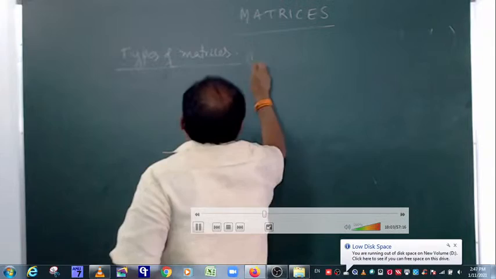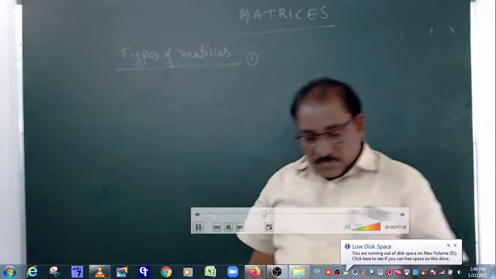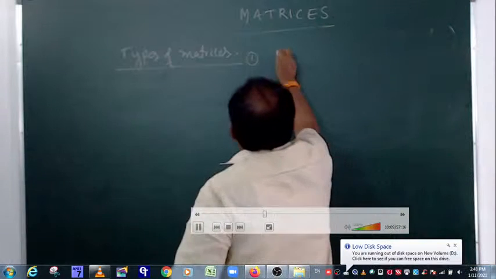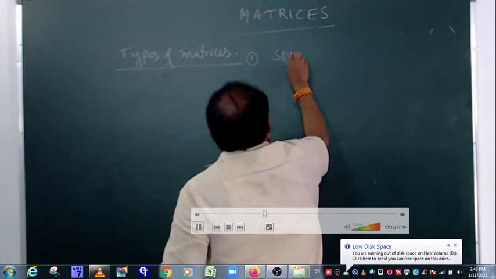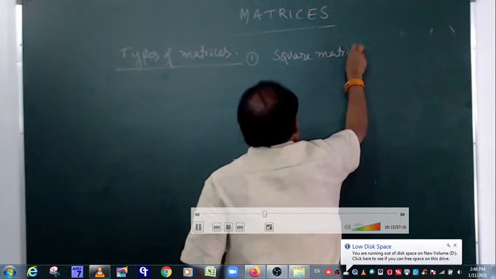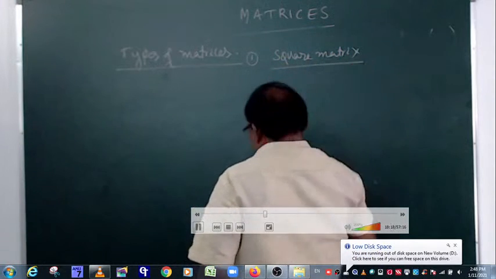Types of the matrix. One, square matrix.